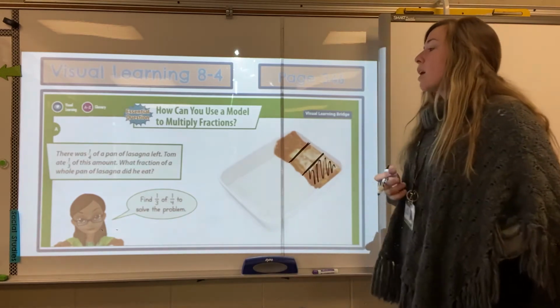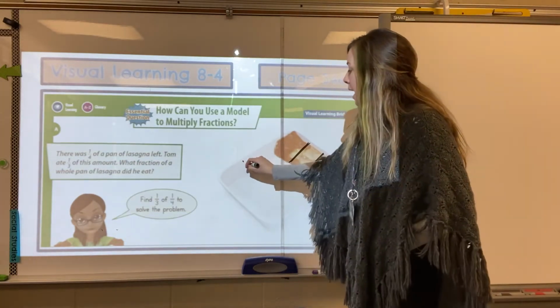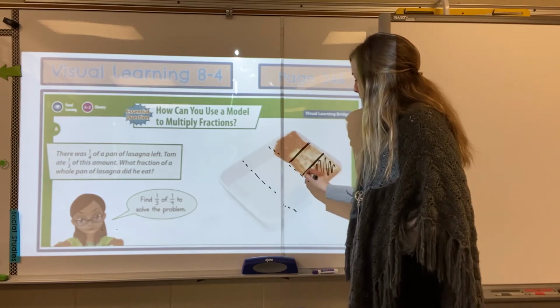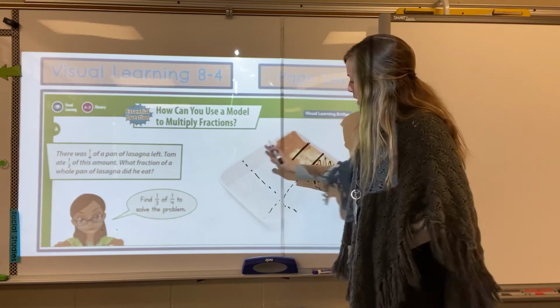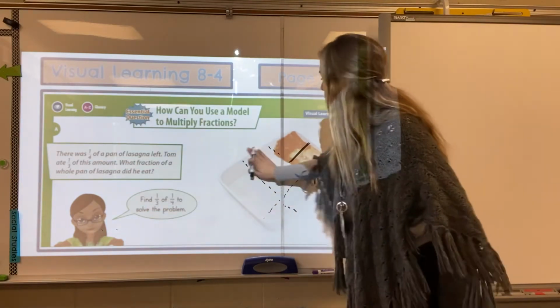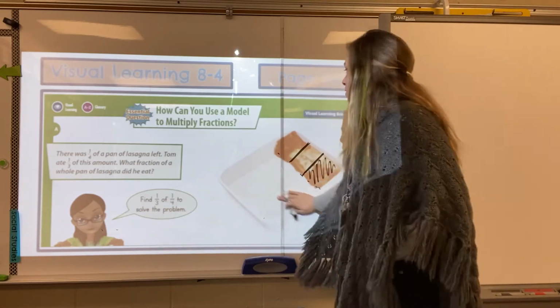But it's asking what fraction of the whole pan did he eat? So I'm going to have my phantom parts of lasagna that have already been eaten, right? I'm just going to extend out my thirds, 1, 2, 3, and then extend out, oh wait, this is a 4th, sorry. Okay, there's a 4th of it left.